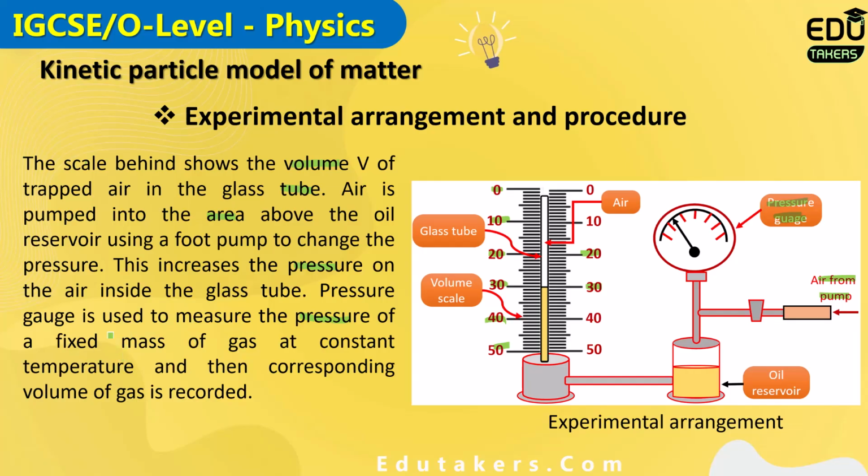You know that here the temperature is constant. Accordingly, you have to find the value of the volume corresponding to the values of the pressure by using the scale. When you find the values of the pressure and volume, you just need to draw the graph between them.